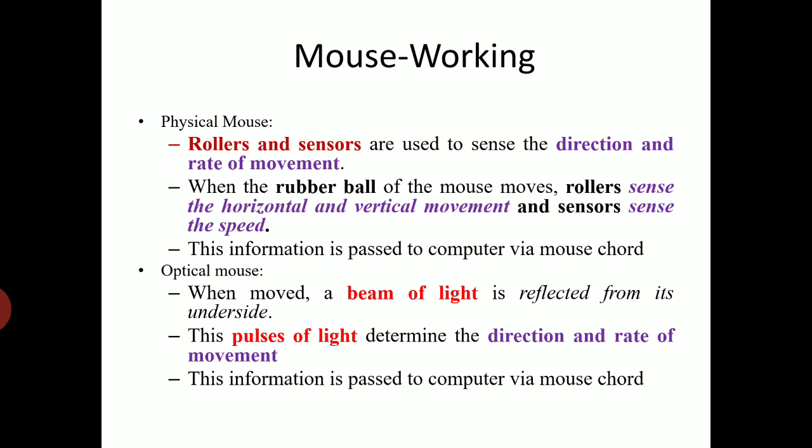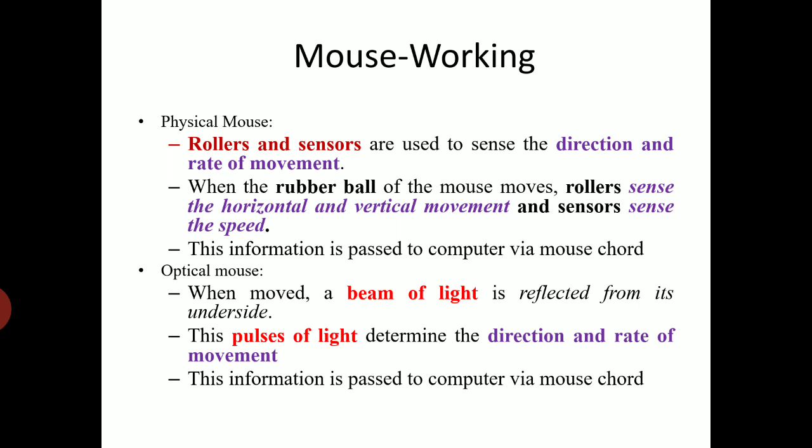Now we shall see the working of different mouses. First one, physical mouse. As we said, there are rollers and sensors. When we move the mouse, the rollers will also be rolling, and they can sense horizontal movement of the mouse as well as vertical movement.